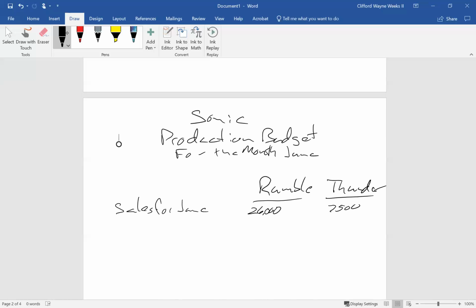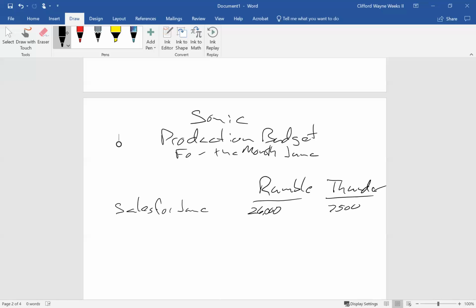We want to have a little bit of cushion there, because these are all estimates based on our sales force. They're the best estimates we have, but what if they're wrong? What if we sell more than we anticipated? If you don't have them, then you miss out on that opportunity to make money.